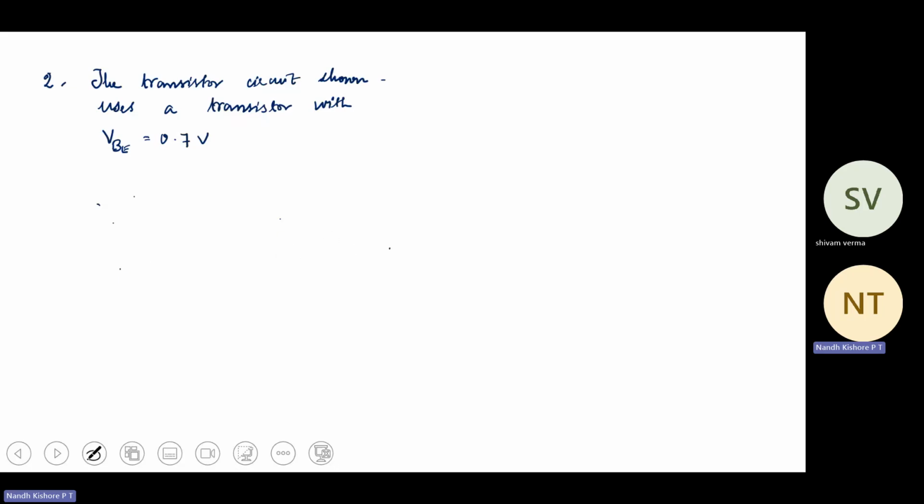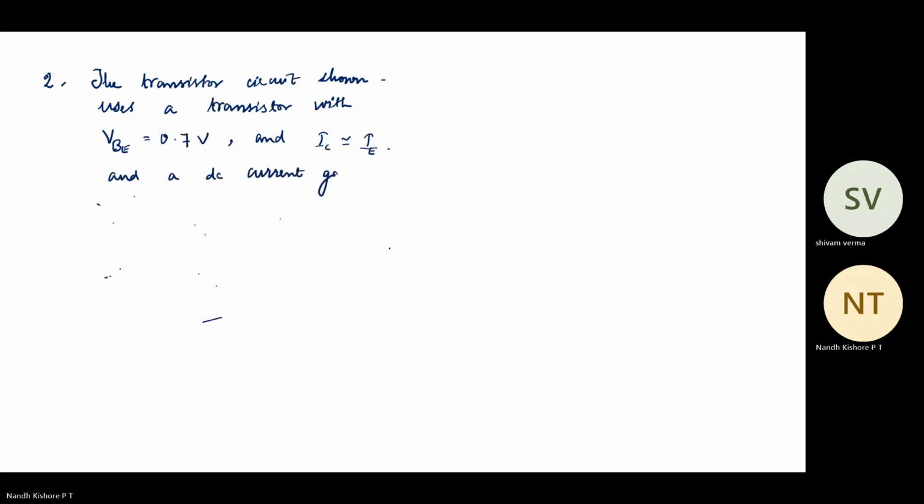They have given that it is 0.7 volts. And they have also given that IC is approximately equal to IE, and a DC current gain of 100. So the question is, the value of V naught is dash.